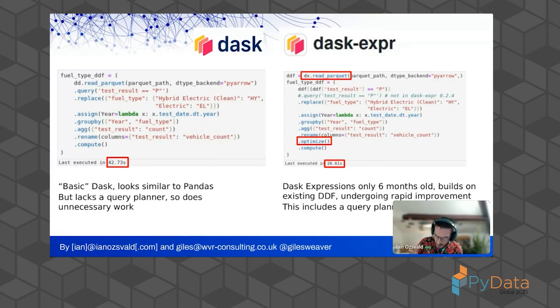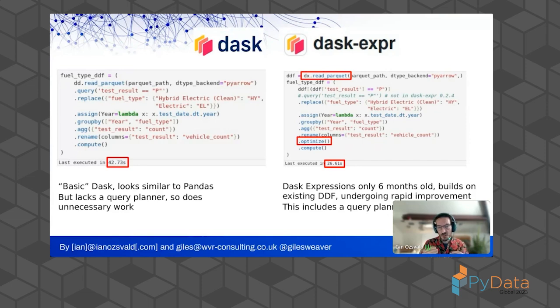There's a new tool that Patrick Hoefler introduced yesterday, and you might want to catch up on Patrick's video, Dask Expressions. This is a higher level wrapper around the underlying Dask operations, which gives us a way of adding a query planner. The thing on the left, naive Dask, has no query planner. Everything is executed one item at a time, just like in Pandas. There's no attempt to optimize the query. On the right with Dask Expressions, there is a good attempt at optimizing the query.